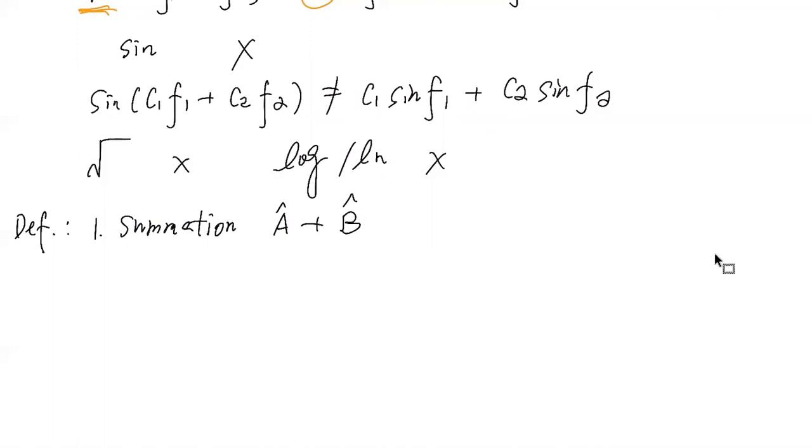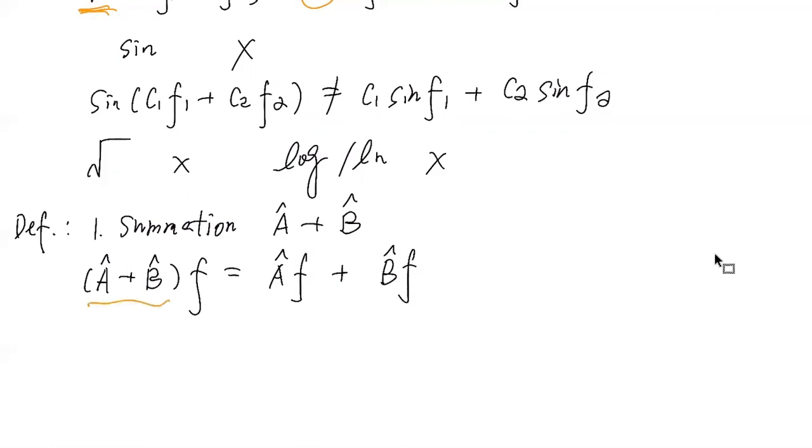You can define the summation of operator A and operator B. The summation of operator A and B means you first apply operator A on F, then you apply operator B on F, then you add them up.